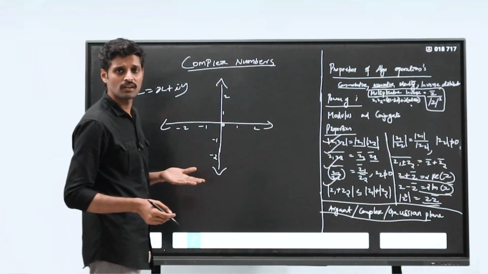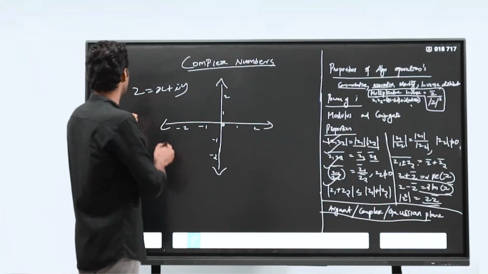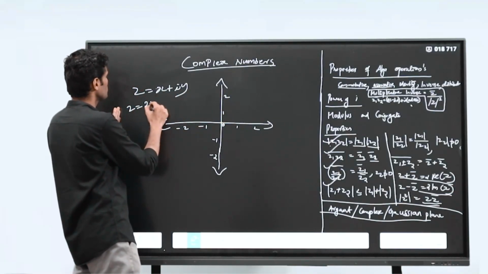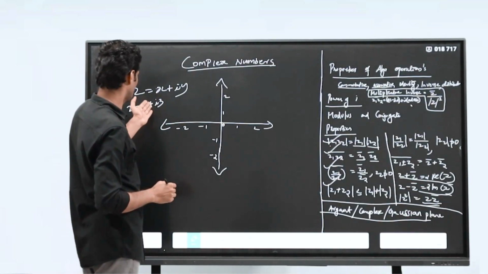We can express in this plane a complex number like if z equal to 2 plus i3.